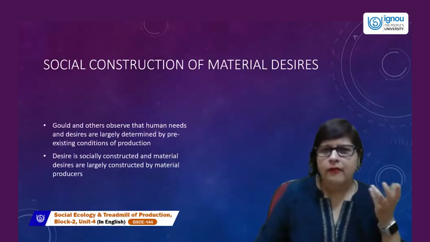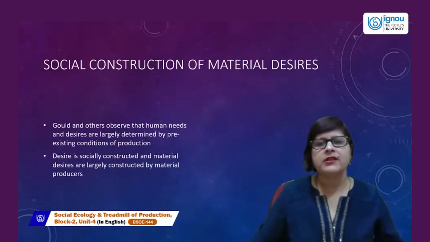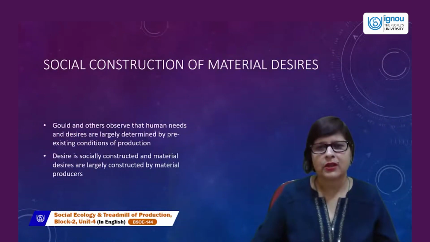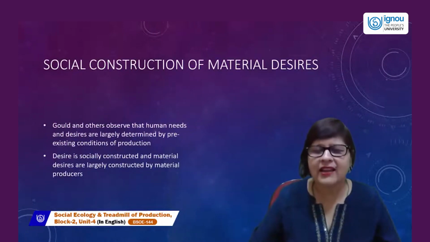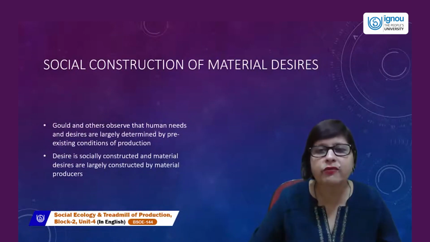So desires are a social construct, and especially the material desires are constructed by the material producers, right? So the producer decides what to produce, and then they advertise their product, and through advertisements they create material desires for their product in the consumers, right?